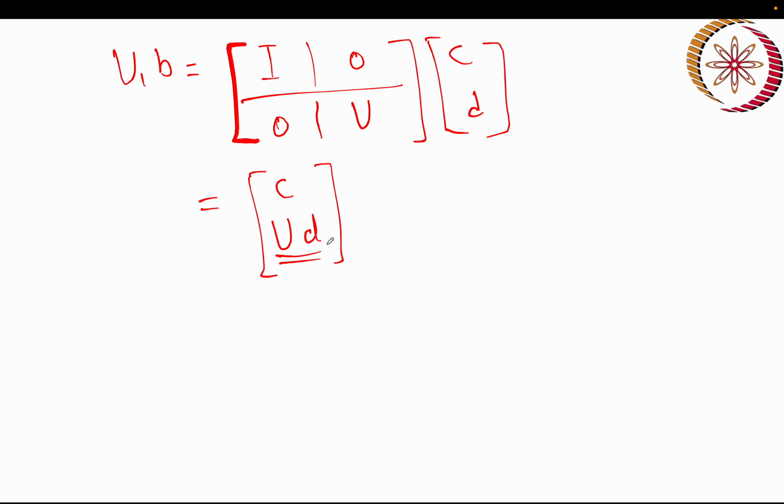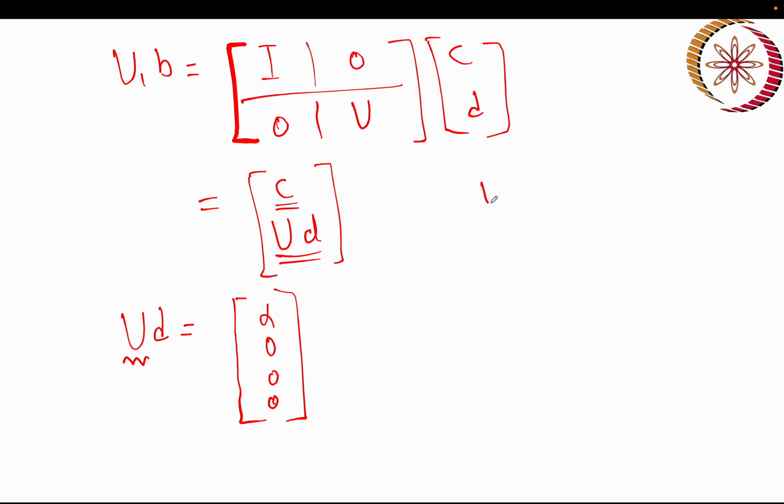In this case you can see that c has not changed, but we are multiplying here ud, and this u into d we want to be alpha 0 0 0. So this is the aim. First we have to find out the u that will do this task.